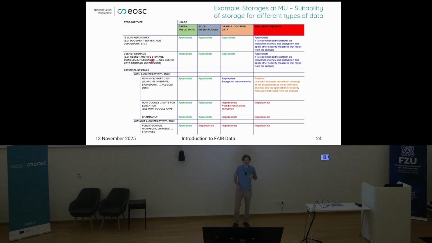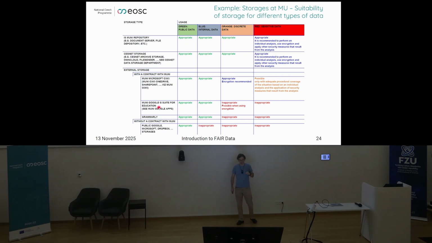You probably know CESNET is providing not only networks, but also some computation and storage infrastructure. And as an academic institution, you can use it. And we are also using some services like Microsoft Cloud services for document storage. We also have Google and services like Grammarly, etc.